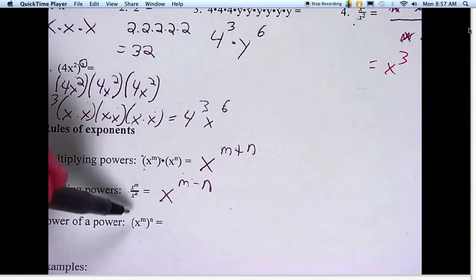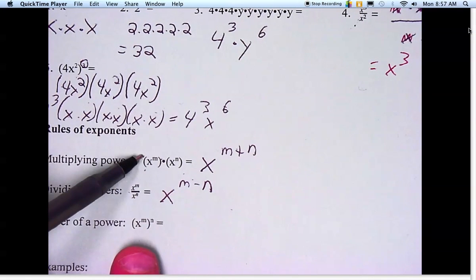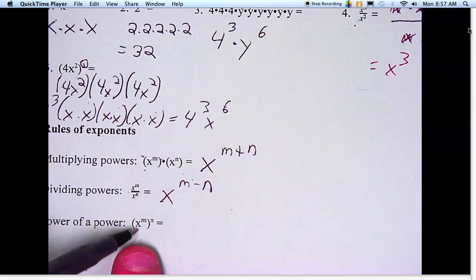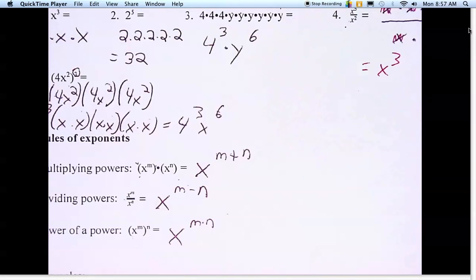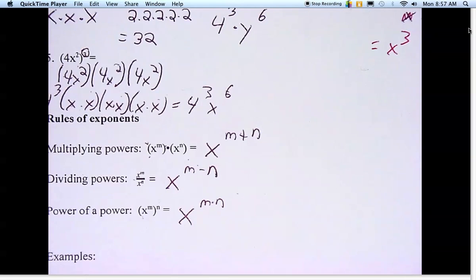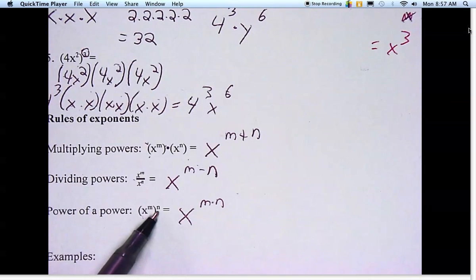Power to a power, this is where, notice the difference. People get this and the first one mixed up. Notice this one down at the bottom just has the 1 x. It's to the m and then to the n again. And what you do in that case is you multiply the powers. And so the new power is m times n. Basically the reason for that is because you have n of these things, n x to the m's.